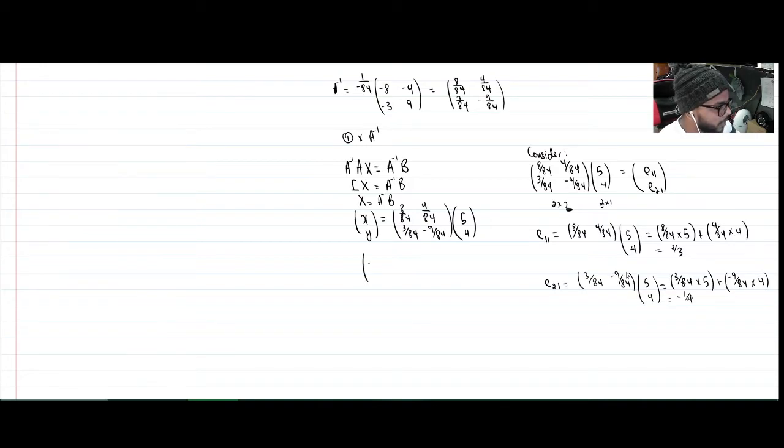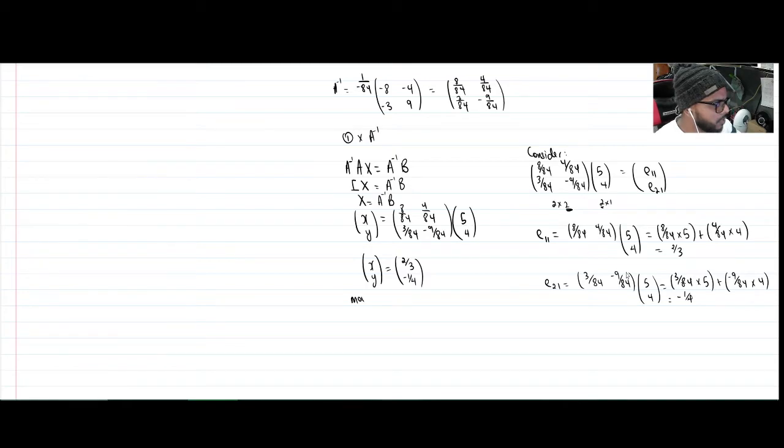So XY is equal to, I just now worked out what this right hand side is. This right hand side worked out to be 2/3 and negative a quarter. I have a 2 by 1 matrix on the left, I have a 2 by 1 matrix on the right. Both matrices are the same size, and the equal sign states that they are equal to each other, and this happens every single time.